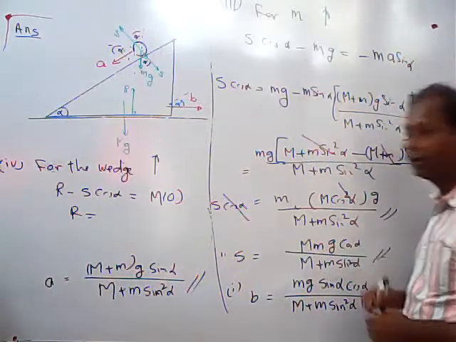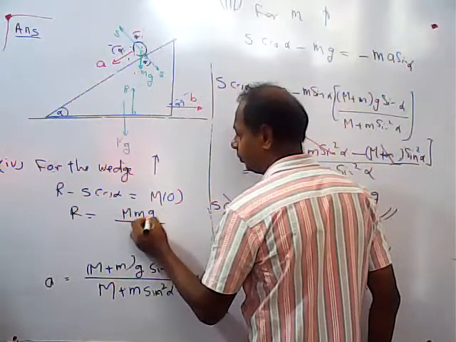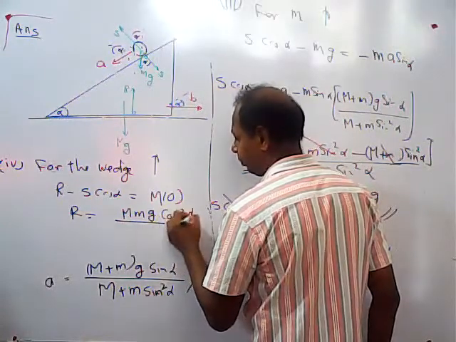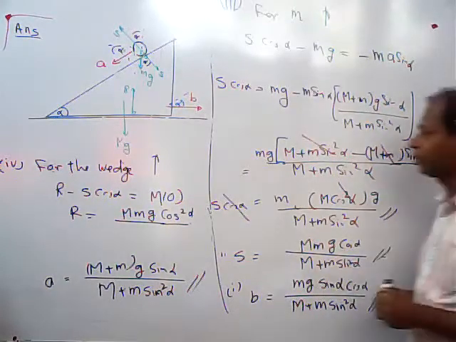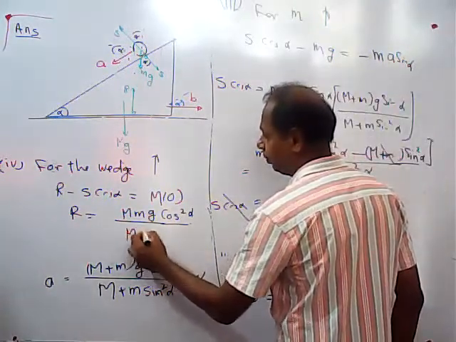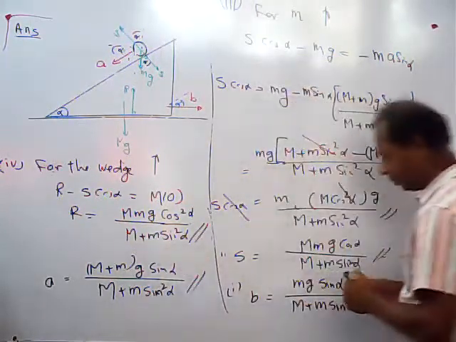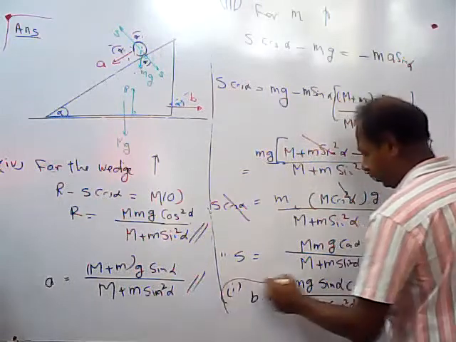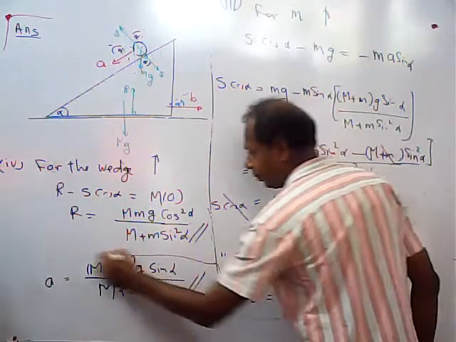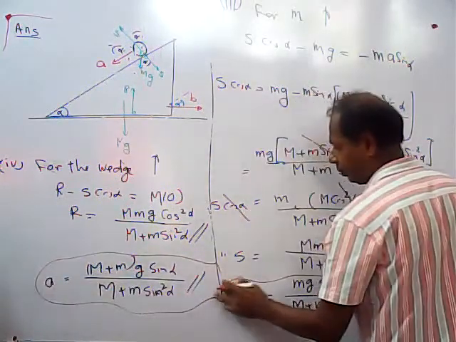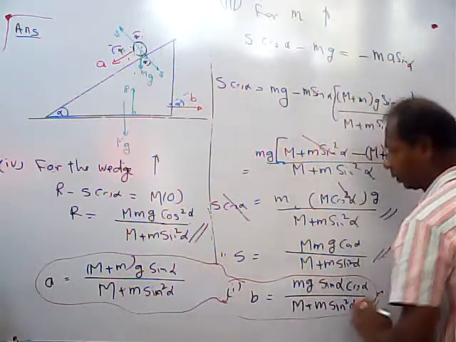Mg cos square alpha divided by m plus n sine square alpha. And that is the answer, right?